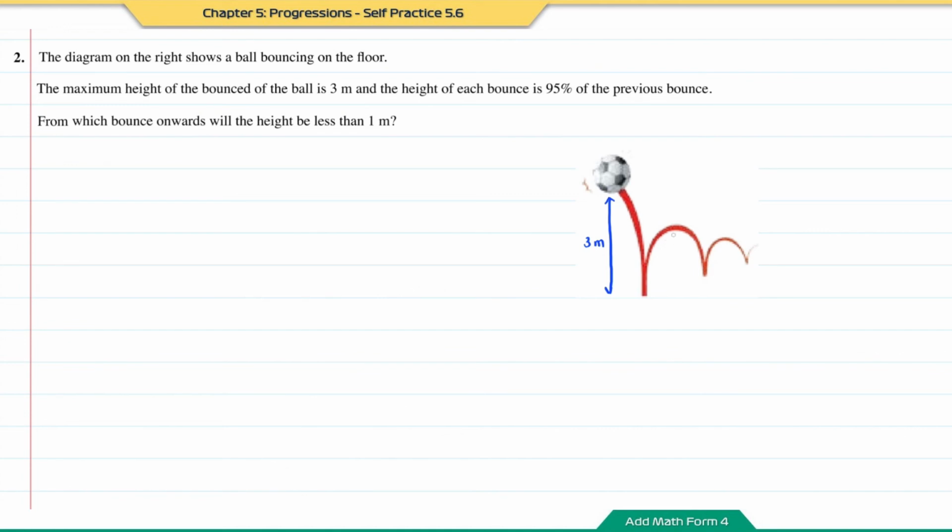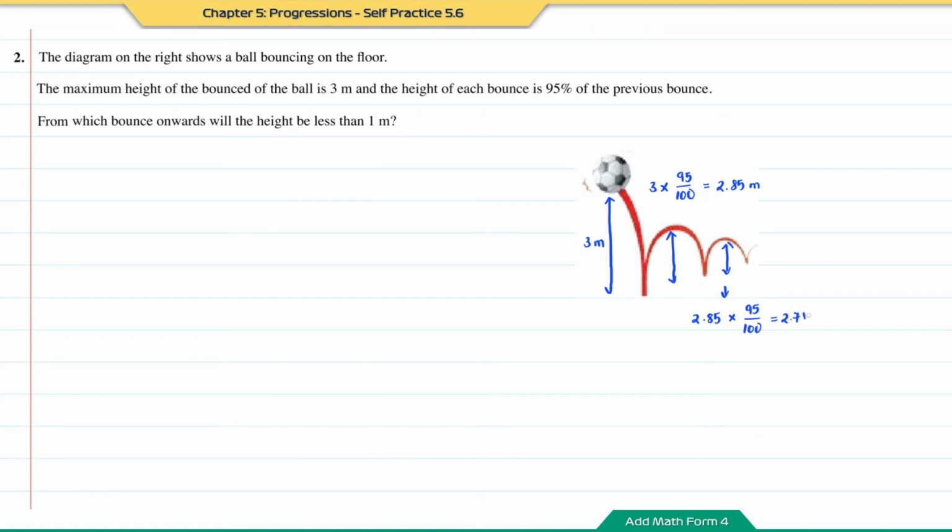Now to find the next height of the bouncing ball, we are going to multiply the previous one, which is 3 meters, with 95 over 100. Solve this, you'll find that it will be 2.85 meters. This will be for the second bounce. As we continue, for the third bounce, the height will be the previous height, 2.85, multiplied with 95 over 100.